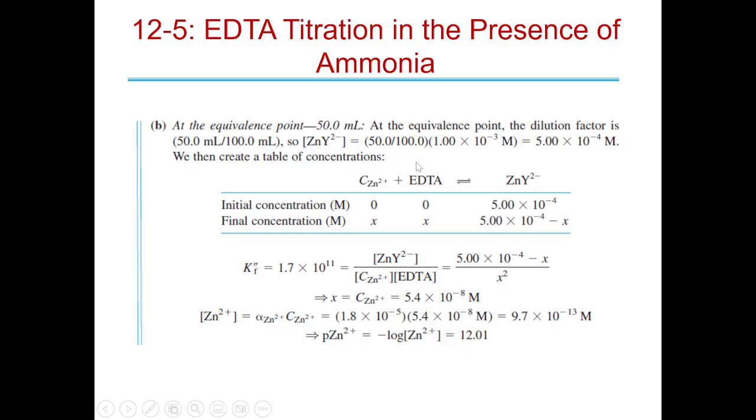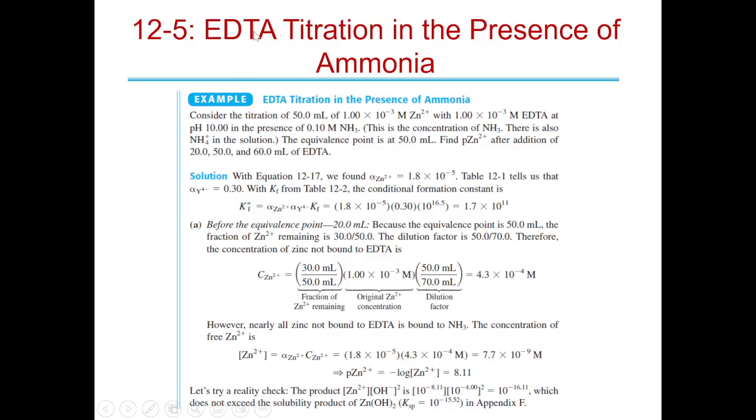All right, so at the equivalence point, your dilution factor would be 50 out of 100 because you need to use 50 milliliters to get a completely equivalent point to the equivalence point, right? Remember the 50 mils here. These are equal concentrations. So that means the 50 here for the EDTA would be equivalence point, right?